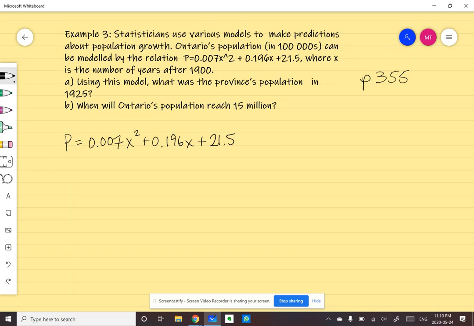Using this model, what was the province's population in 1925? And the second question, when will Ontario's population reach 15 million?